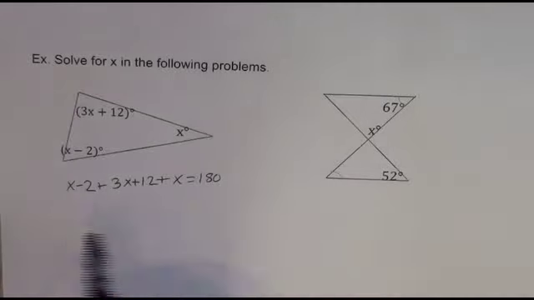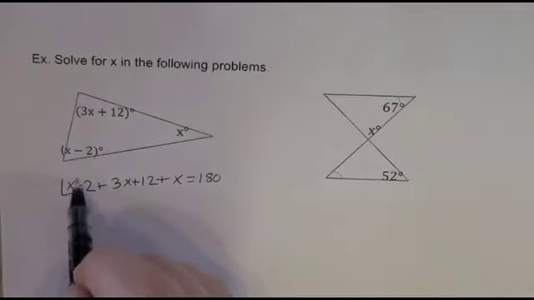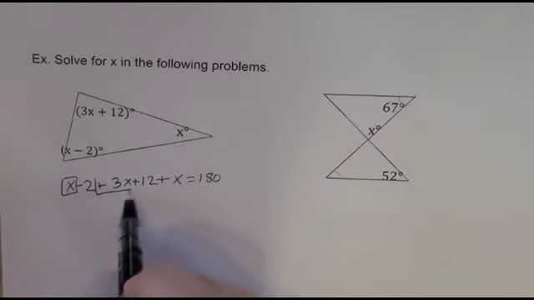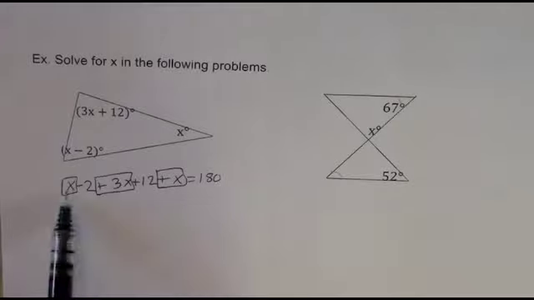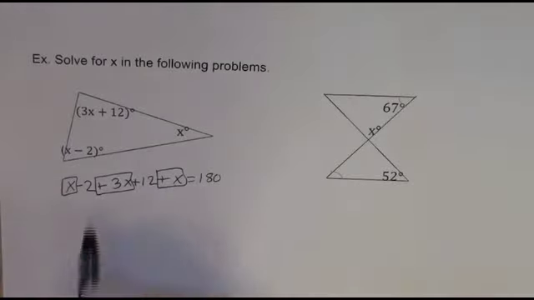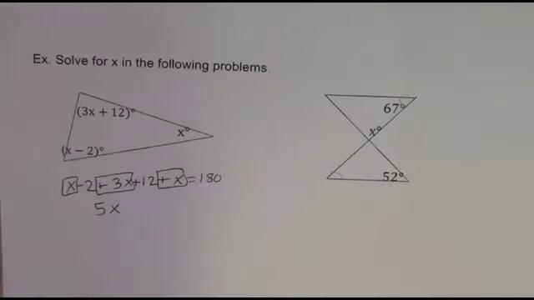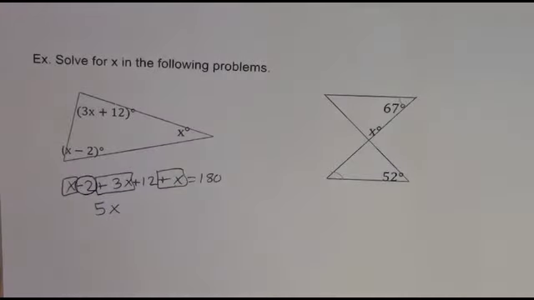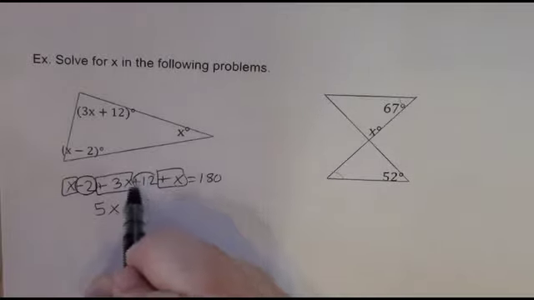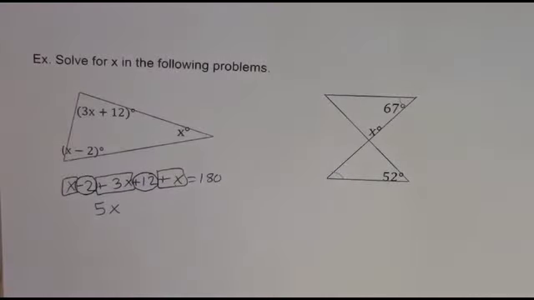So let's see here, let's combine some like terms. x plus 3x plus x is 5x. We also have a minus 2 and a plus 12. So negative 2 plus 12 is positive 10, equals the 180.